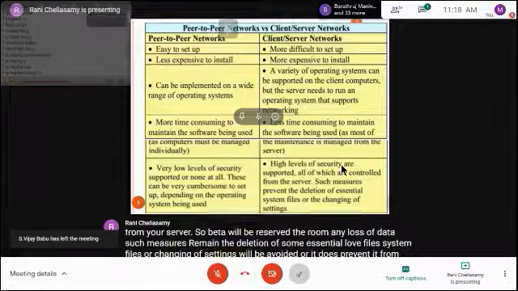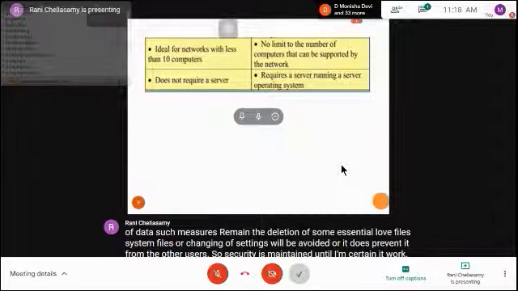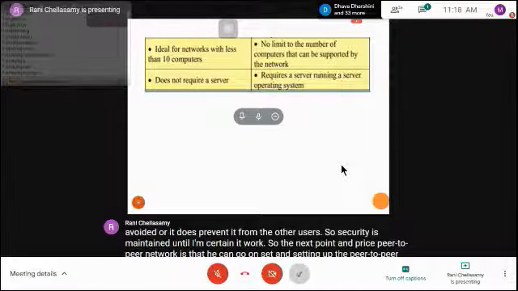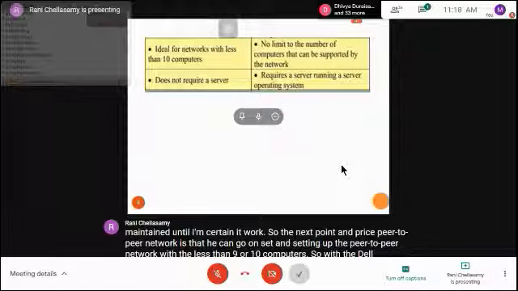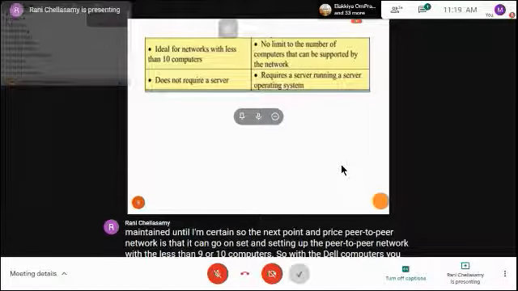The next point is that we can set up a peer-to-peer network with fewer than 10 computers. There is no limit to the number of computers that can be added to create a client-server network.